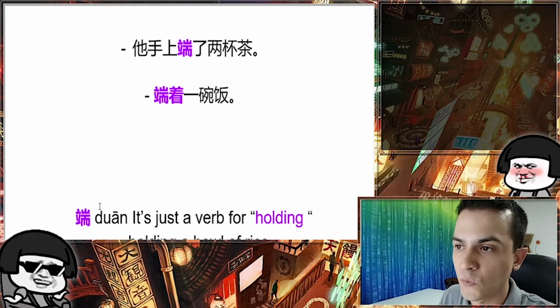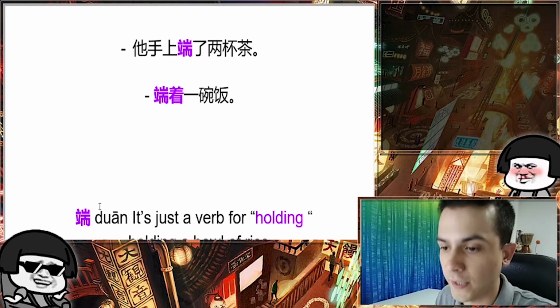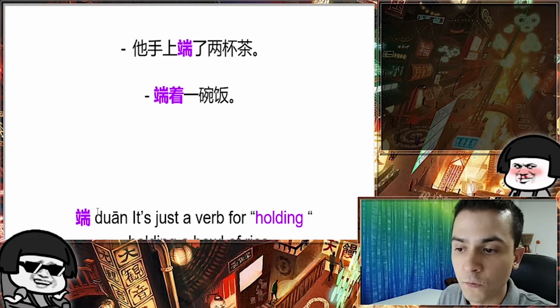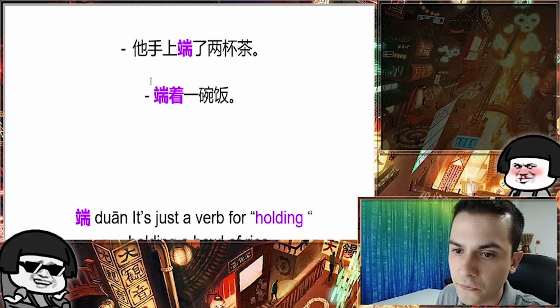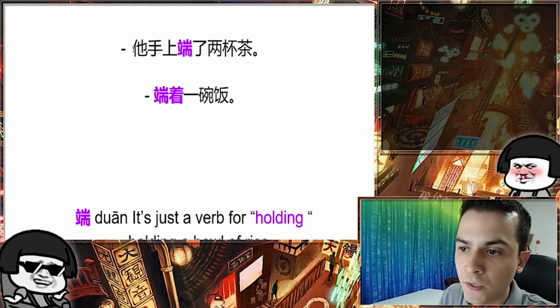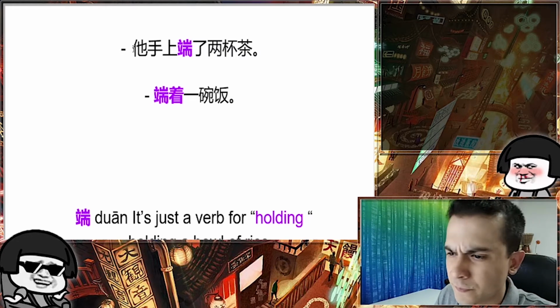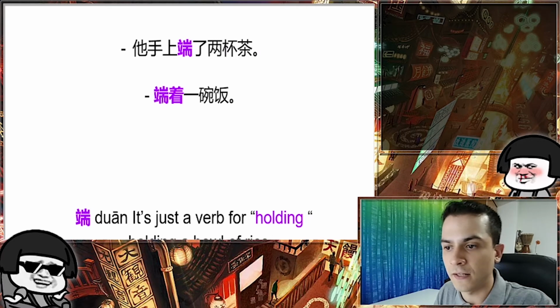Okay, so what do we have here? We have a new word, which is 端. Okay, 端 means to hold, right? So here we have two different example sentences. So we have 他手上端了2杯茶. Okay, and we have 端着一碗饭.